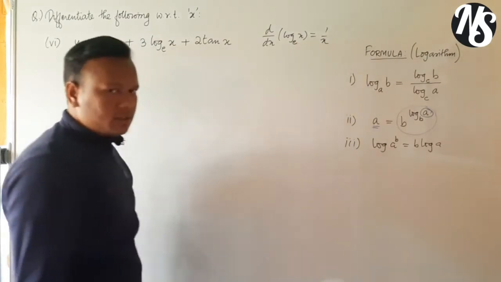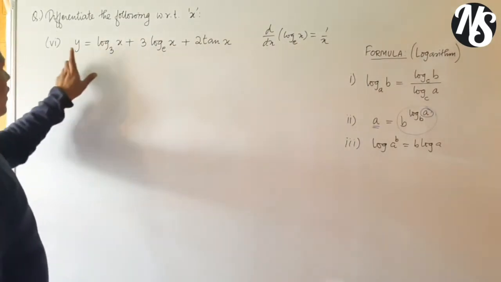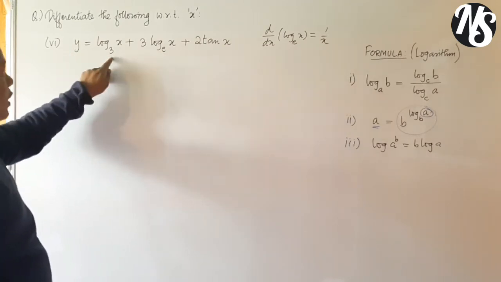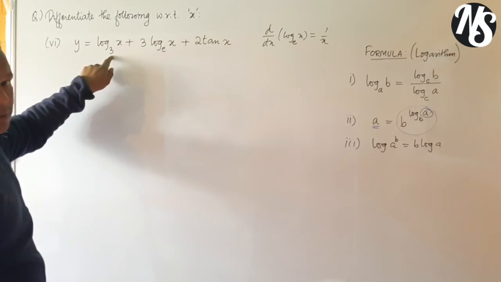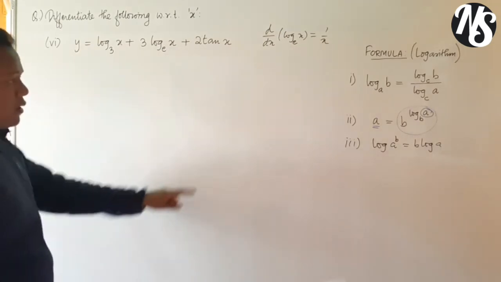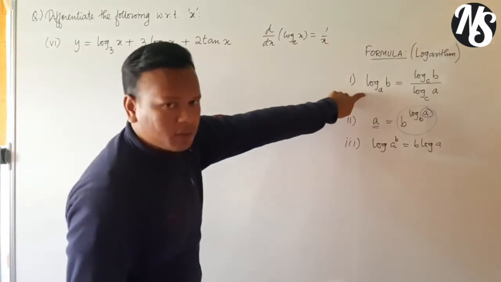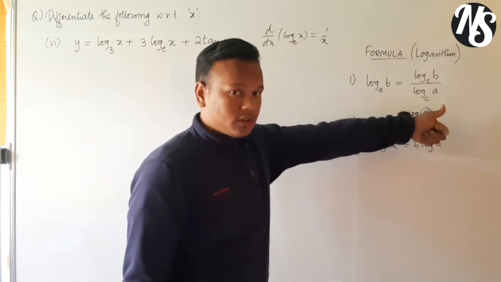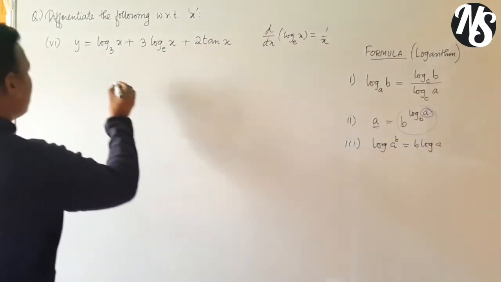The base is e. If I differentiate both sides, the problem is we don't have e as the base here. So let's make e the base. For that we need to make use of this, because here c is the new base that I have introduced, isn't it? So the same thing I am doing here also.